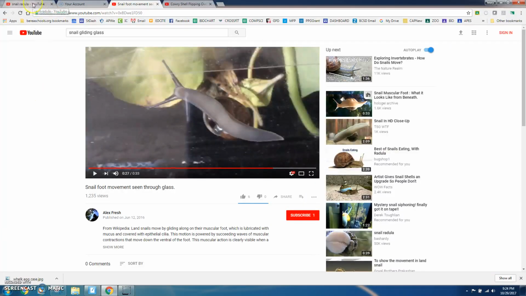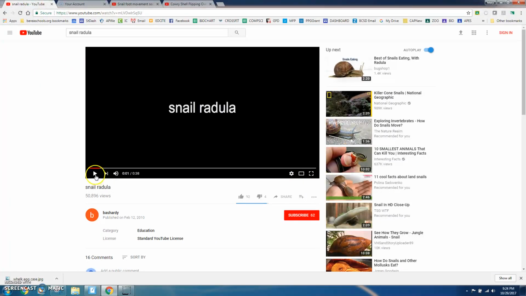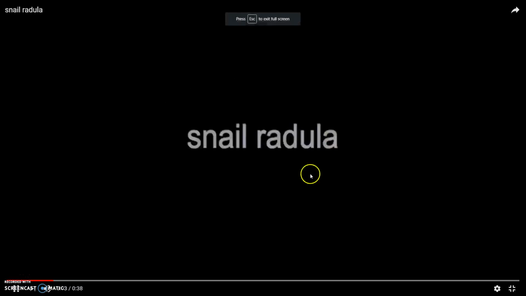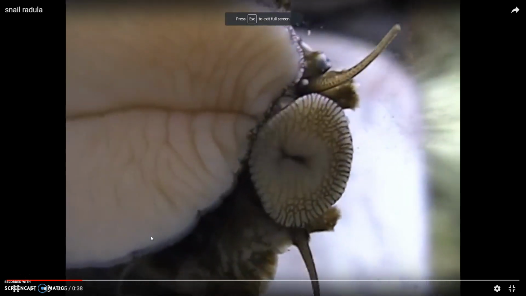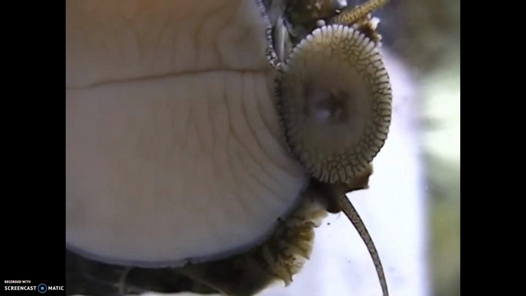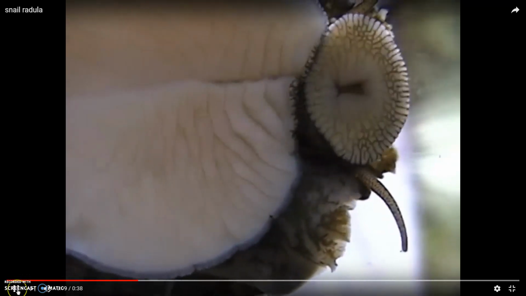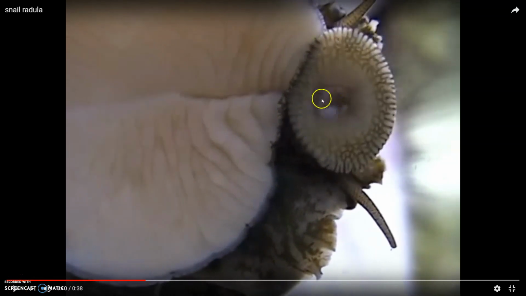Another thing I want to show you is the snail radula. The snail radula is located inside the mouth, and in your lab there's a handout with a picture of this on the inside. So this area right here, where it's round and the thing comes in and out, is the radula.